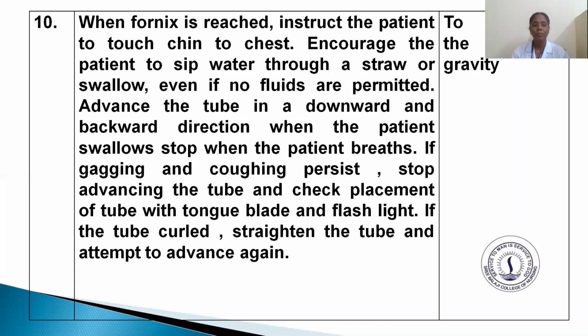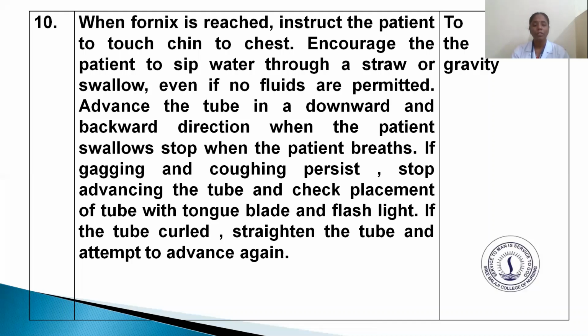Stop when the patient breathes. If gagging and coughing persist, stop advancing the tube and check the placement of the tube with a tongue blade and flashlight. If the tube curls, straighten the tube and attempt to advance again.